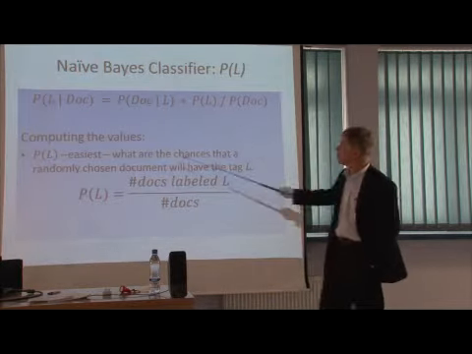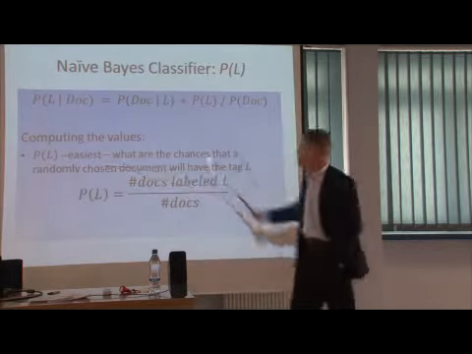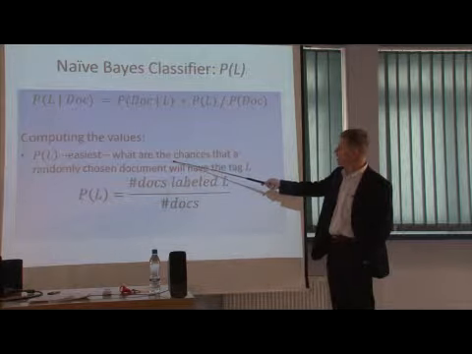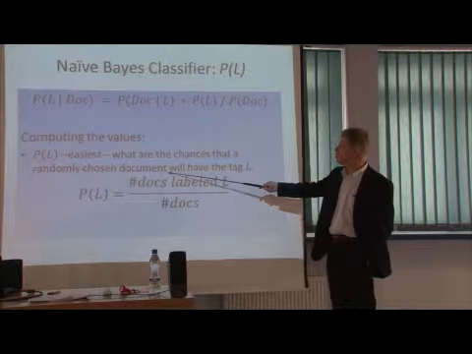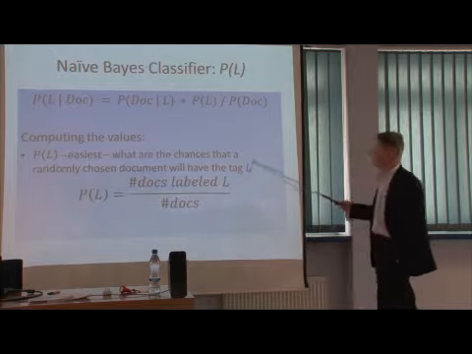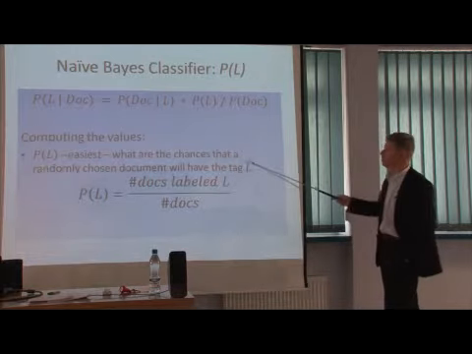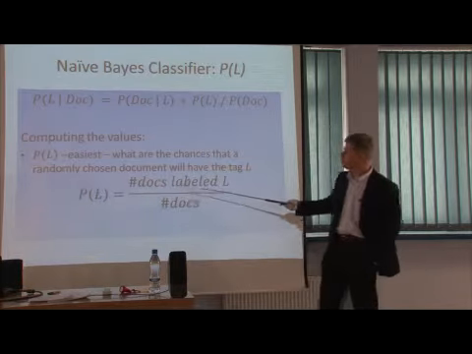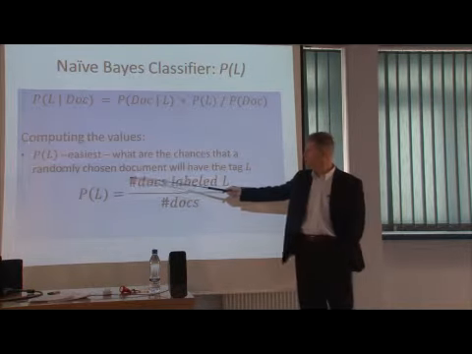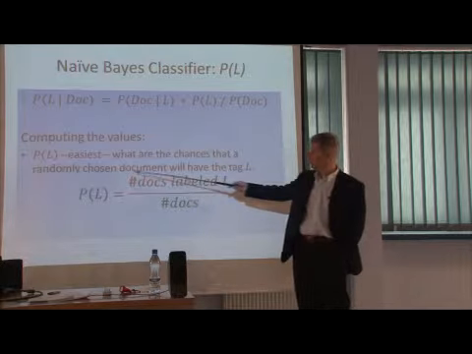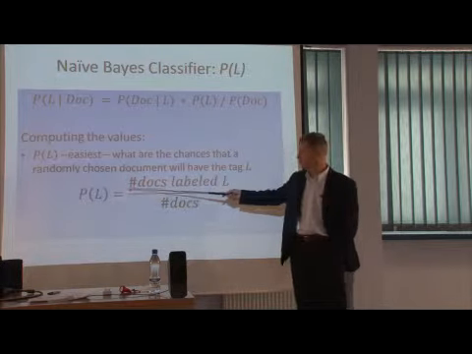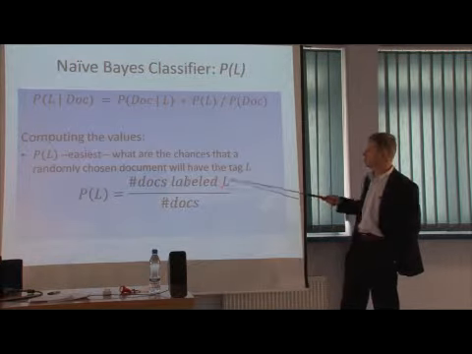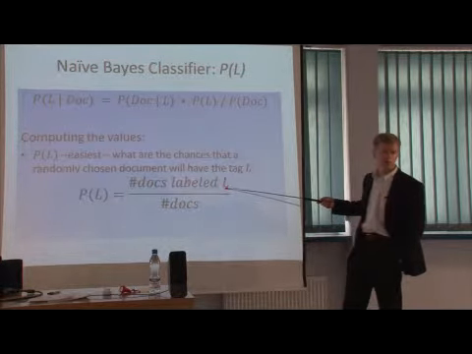We are looking first at the probability of the label, which is the easiest. That is, we are asking the question, what are the chances that a randomly chosen document will have the tag L? This is our label. Since we don't know anything else, we have the training corpus, so we can simply ask how many documents are labeled sports.